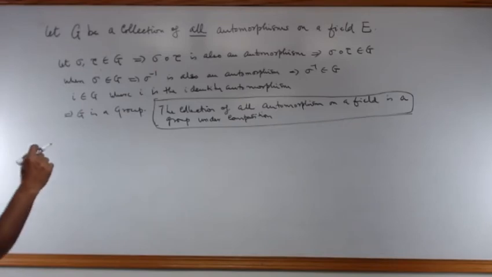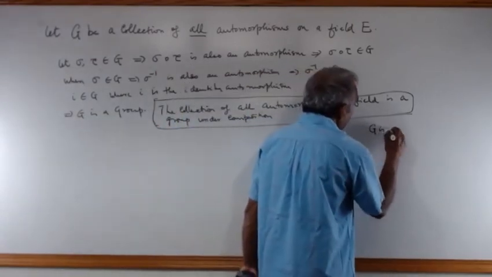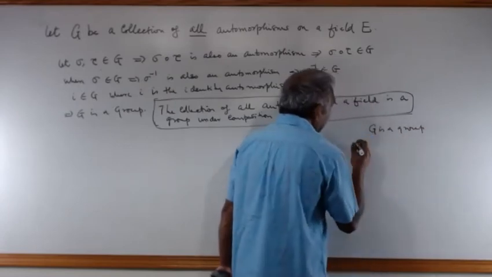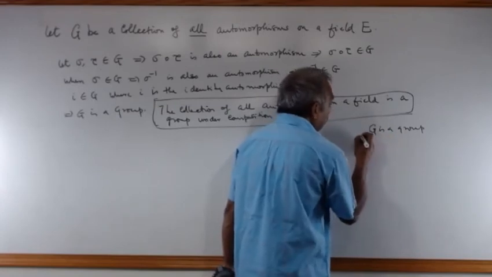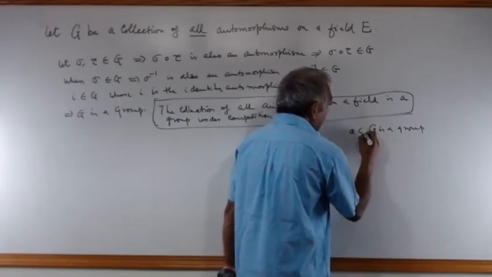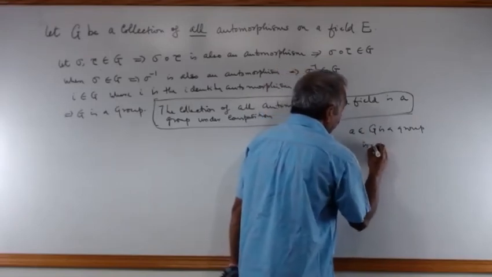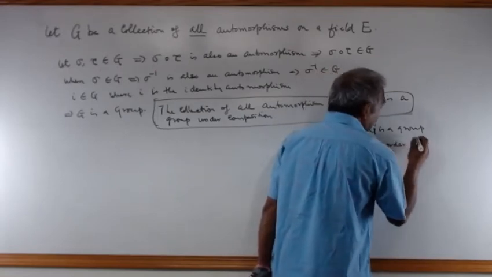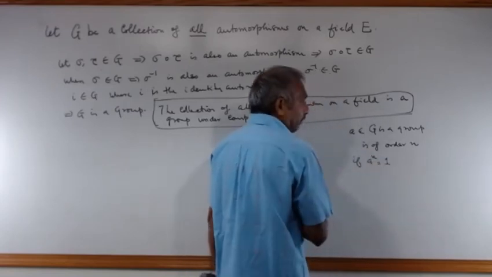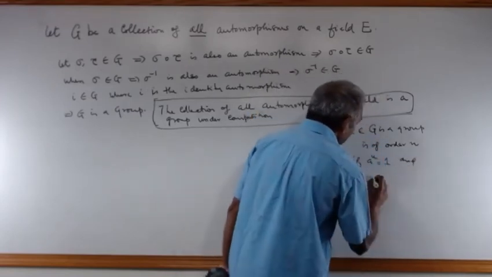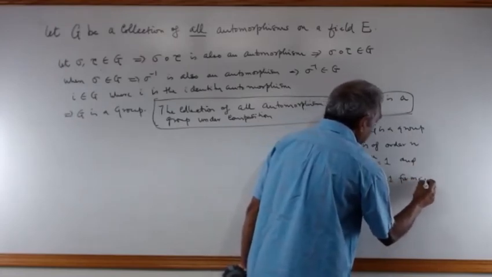Now, if G is a group, and if it is a finite group, then an element a in G is of order n if a to the power of n is equal to the unity of the group, and a to the power of m is not equal to 1 for m less than n.